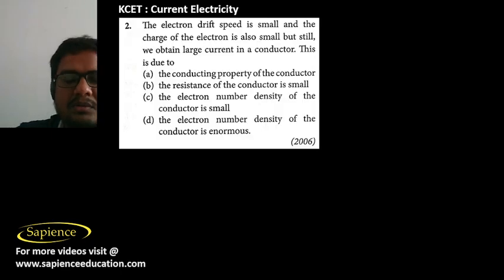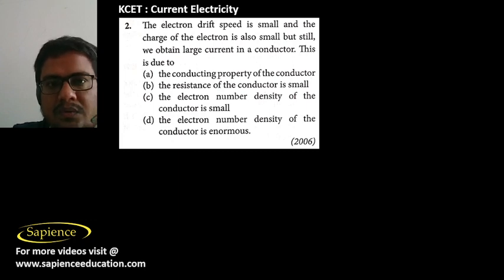Then question number 2. It is told that the electron drift speed is small and the charge of the electron is also small, but still we obtain a large current in a conductor. This is due to... We know that the current in the conductor is given as n e A v_d, where v_d is the drift speed and e is the charge of the electron.